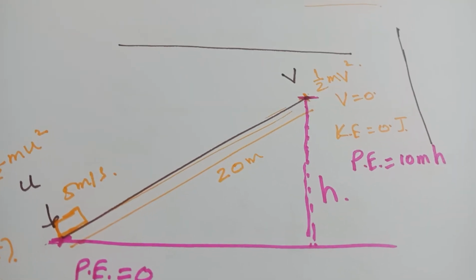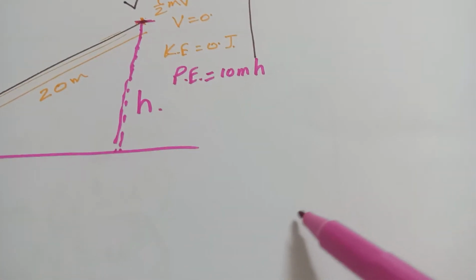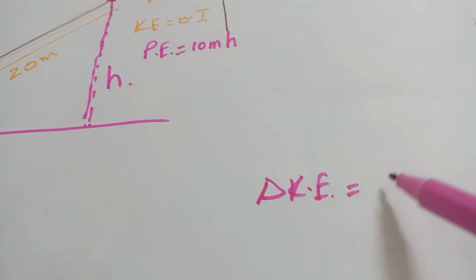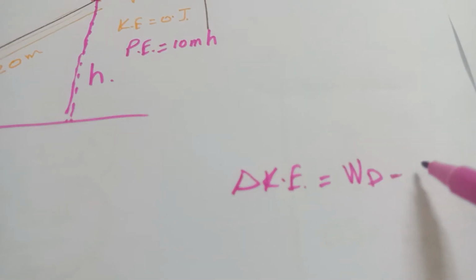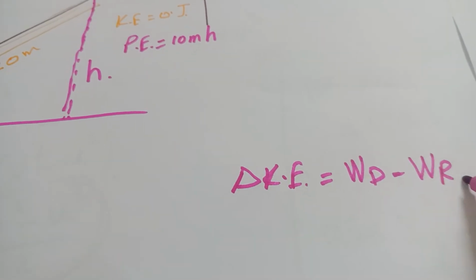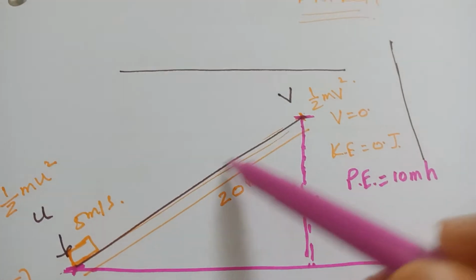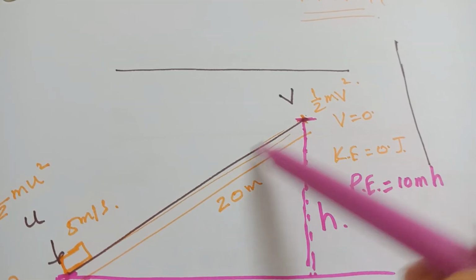Now, as I just told you in the previous video, the change in kinetic energy is the net work done by the driving force minus the work done by the resisting force. Now imagine that this is a smooth surface, there is no driving force, there is no backward force.